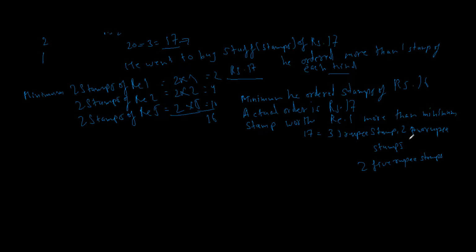So it had three 1 rupee stamps, two 2 rupee stamps and three 5 rupee stamps. That means total he had 3 plus 2 plus 2, 7 stamps ordered initially, and 3 extra stamps which the postman gave him instead of change.